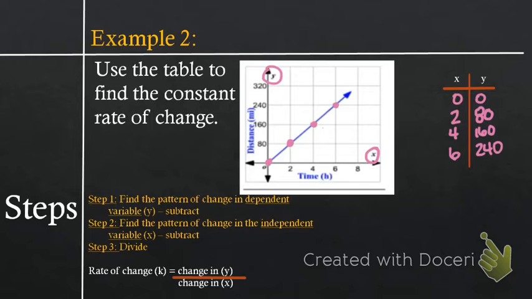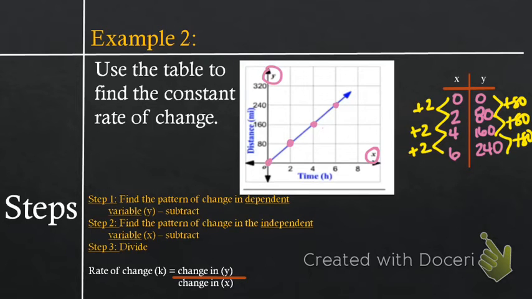You also can tell it's a constant rate of change because it has that straight linear line. So now I'm going to find my change in x and change in y. Here I'm adding 2 every time. Here I'm adding 80 every time.